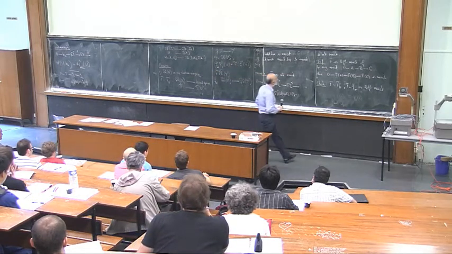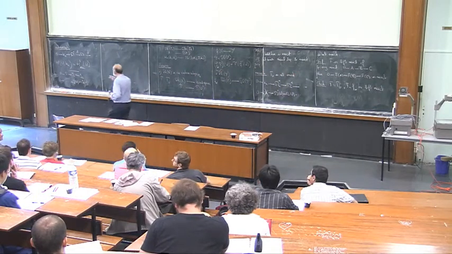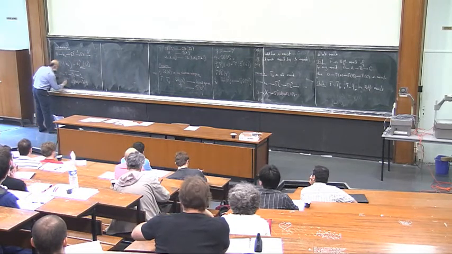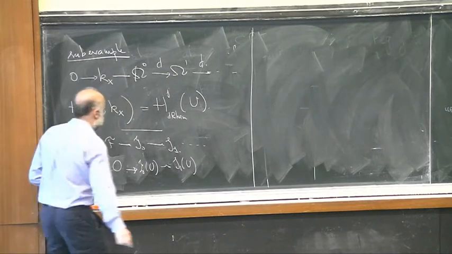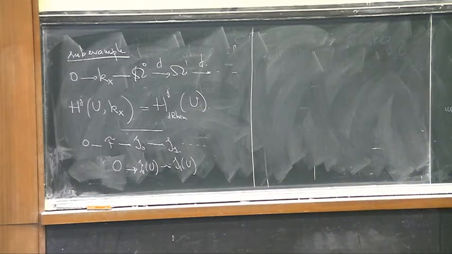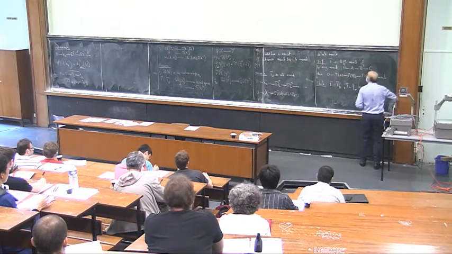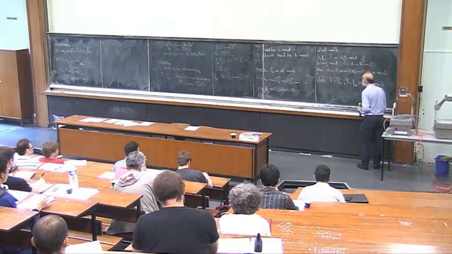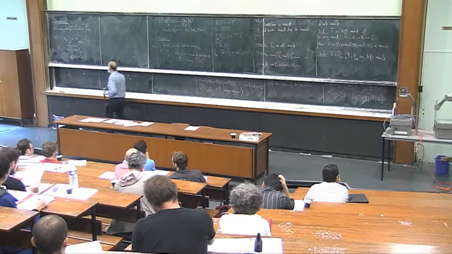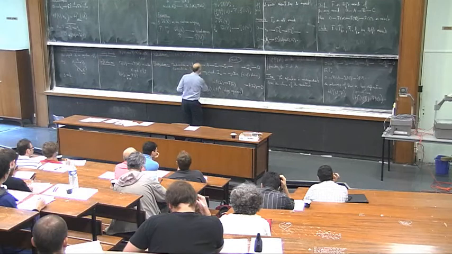I forgot that. Yes, so you have to remove the first term. It's in the definition of cohomology, and the same for Rj. Well, maybe it's worth going back to the definition here.